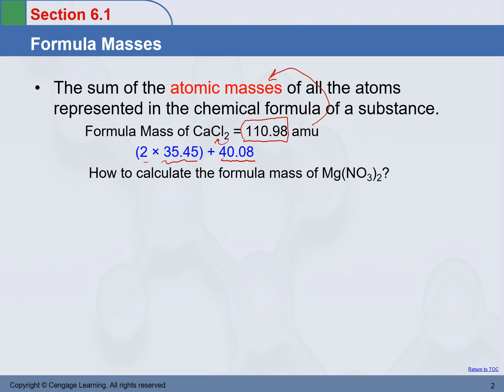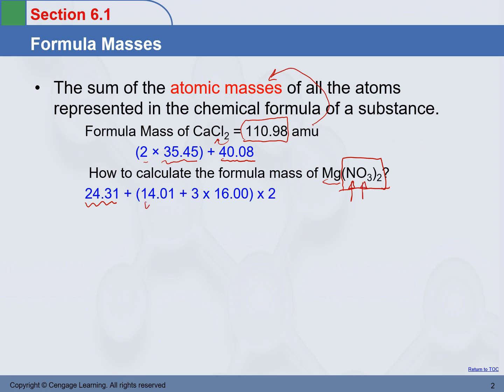Another example, the formula mass of magnesium nitrate. All right, there are a couple ways to set it up. The first one, you start with the atomic mass of magnesium. Now, here in the formula, you have 2 nitrate units. Each nitrate is 1 nitrogen and 3 oxygens.